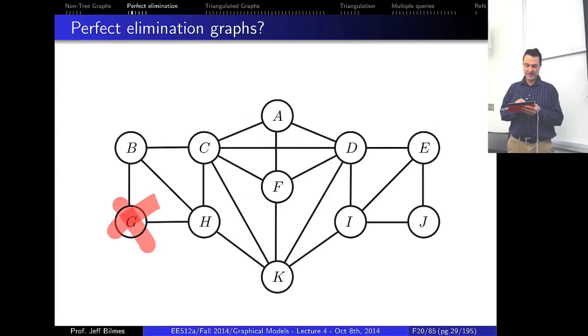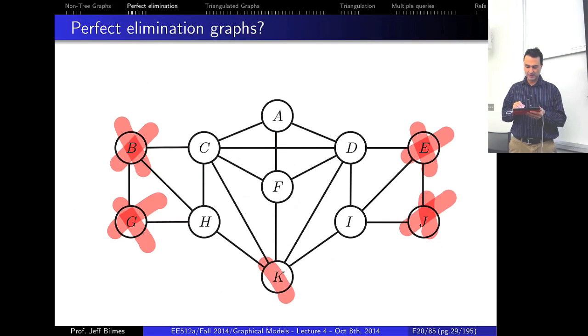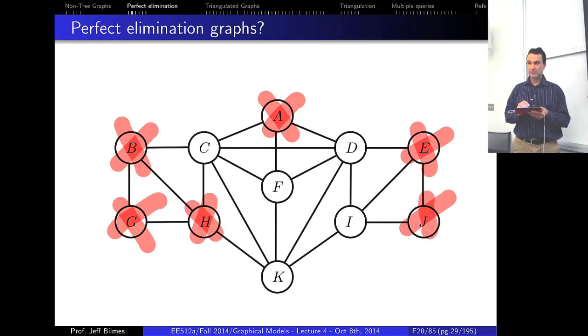So can we eliminate that guy? Can we eliminate this guy? And what about this guy? What about this guy? What if we eliminate this next? That's bad. Can't do that. So let's not eliminate that guy. What if we eliminate this one? Yep. What about now, can we eliminate this one? Yep. What about this one?